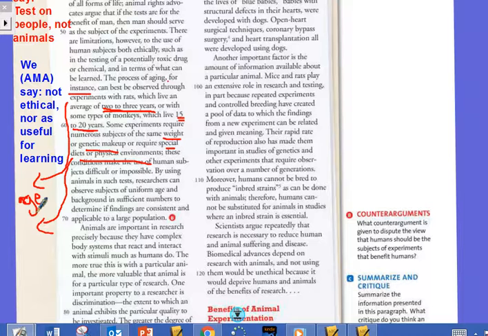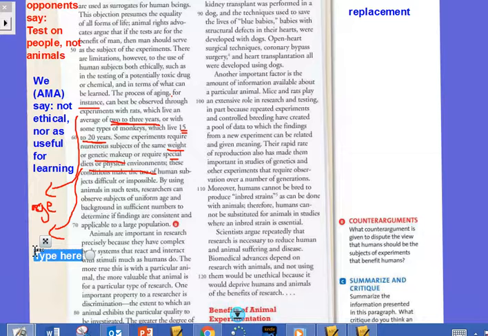Okay, so if you have scientific conditions, look at that word, how can you meet those conditions with human subjects? Conditions such as same weight, same genetic background. "By using animals in such tests, researchers can observe subjects of uniform," that means the same, "age and background in sufficient numbers to determine if findings are consistent and applicable to a large population."